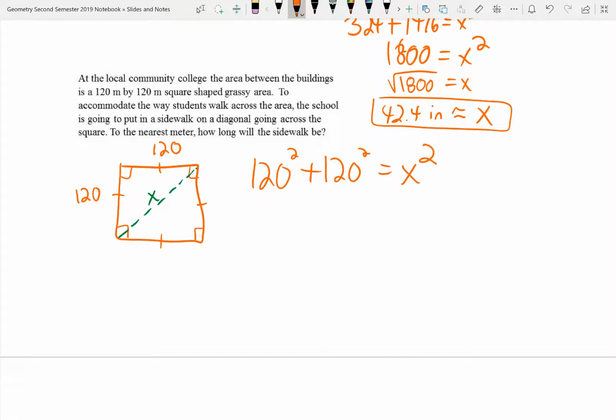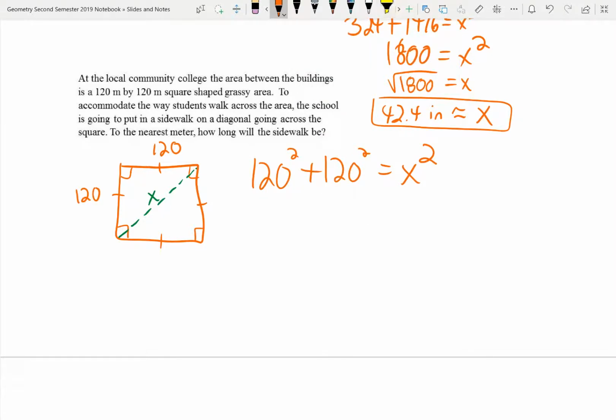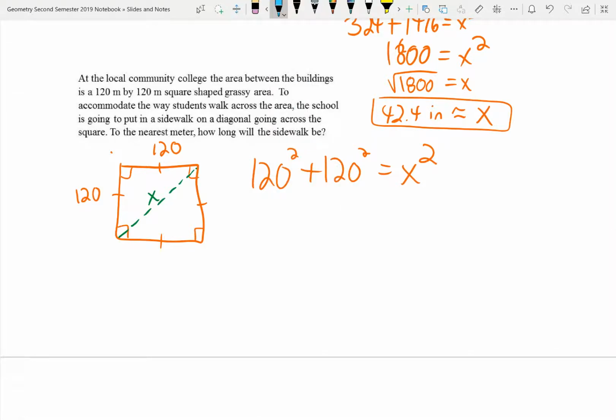That would work. Or you could notice, wait a minute, what kind of triangle is this triangle right here? A blue triangle. That's an isosceles right triangle, right?